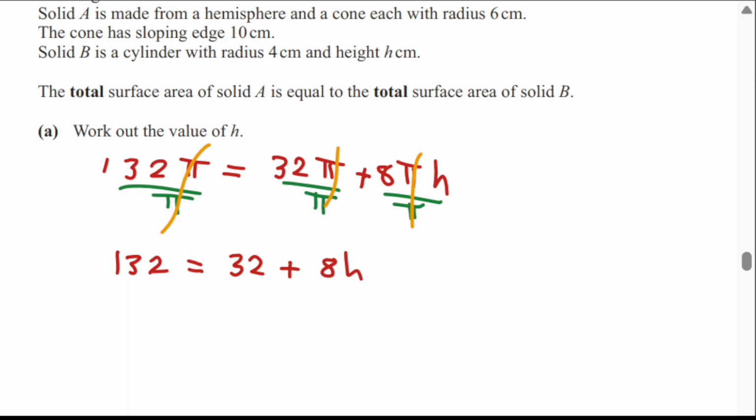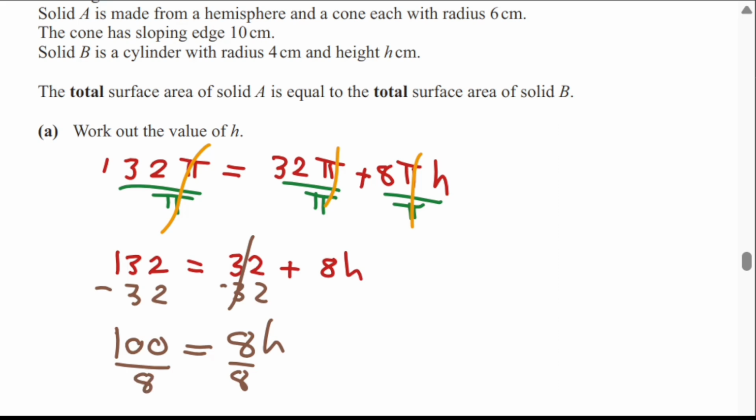Looks like we're nearly finished. Now do minus 32 here, minus 32 there. 132 minus 32 is 100, equal to 8h. To find h, divide by 8, divide by 8. You don't have a calculator, I'm sorry. So how do you do 100 divided by 8? Think of it like this.